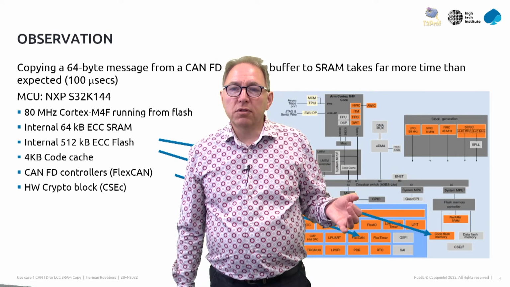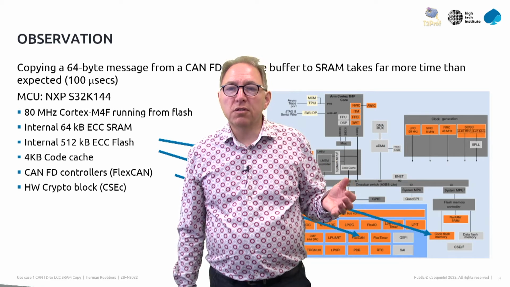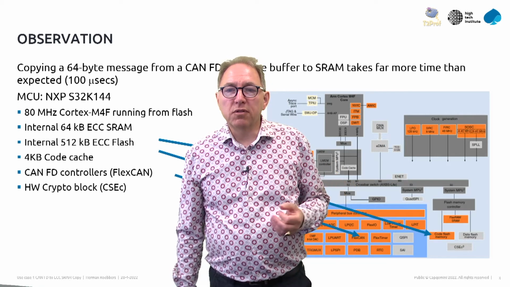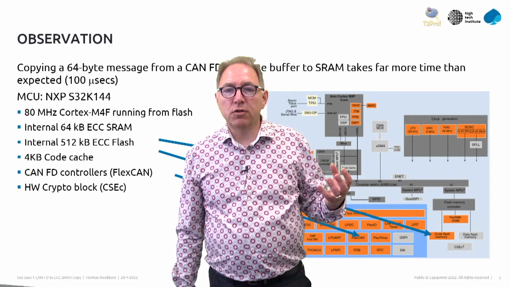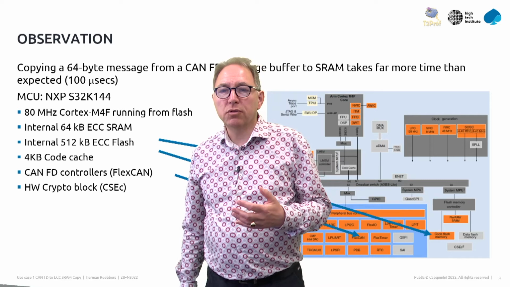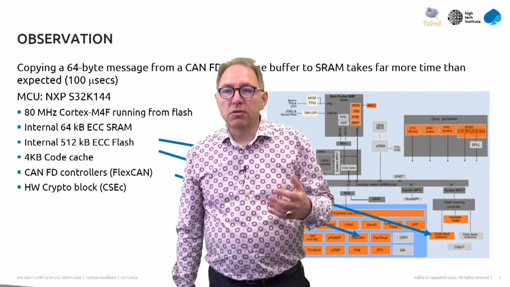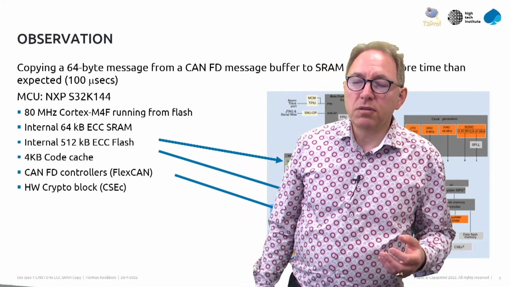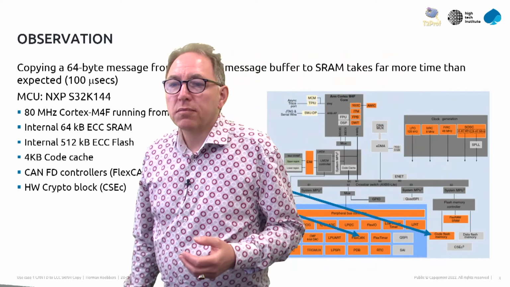We have 64 kilobytes of ECC SRAM, 512 kilobytes of ECC flash, and a code cache of 4 kilobytes. We have this CAN flexible data rate controller, and there's also a hardware crypto block that we are not talking about in this system.